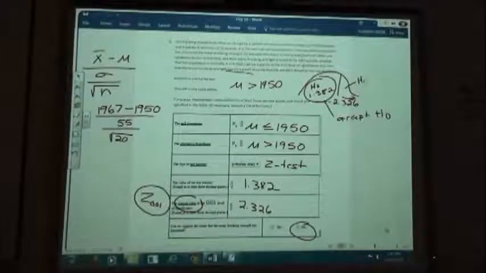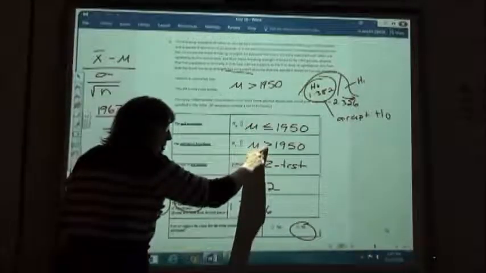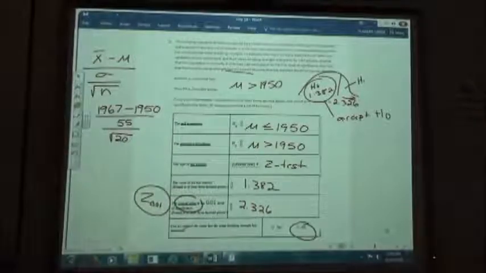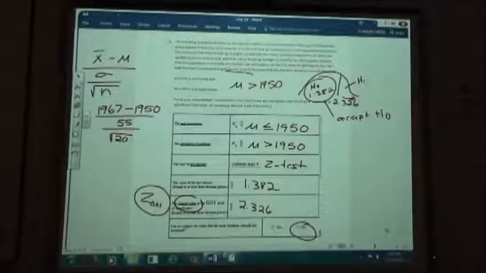And our n was 20. This time we did the mean is greater than 1950, so we would cursor over to the greater than. And again, if I go down to the draw and hit equals, it's going to draw. There we can see some shading because our section wasn't so small. But it tells us the test value was 1.3823. Our p-value, which it didn't ask on this one.